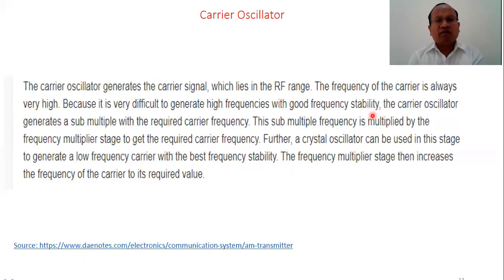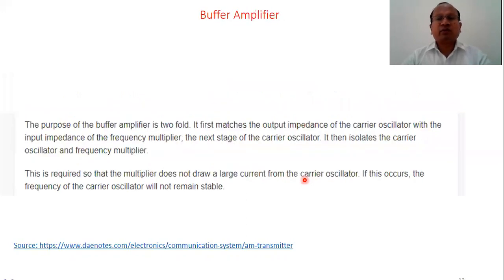It can generate a low value of frequency, because generating a high value of frequency by the crystal requires other conditions, that its Q factor needs to be very high. So we can choose a crystal oscillator that generates a low frequency signal, and when we need a higher value, it can pass through the frequency multiplier and we can generate the frequency.